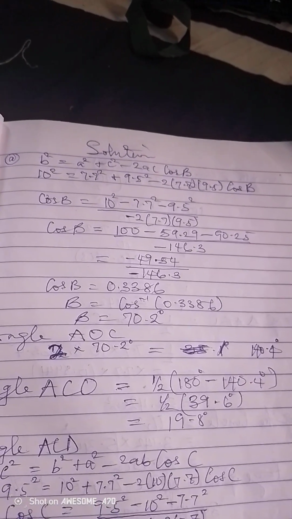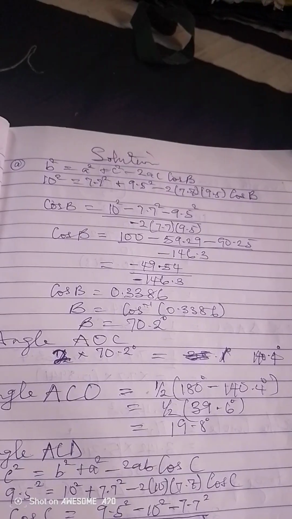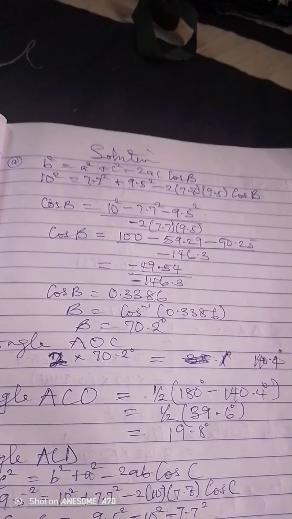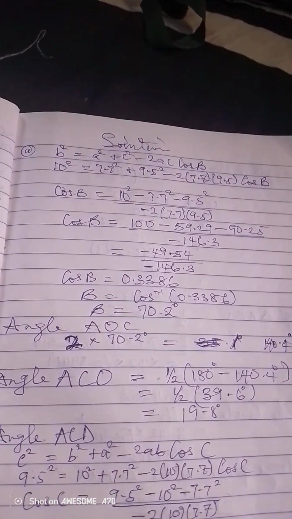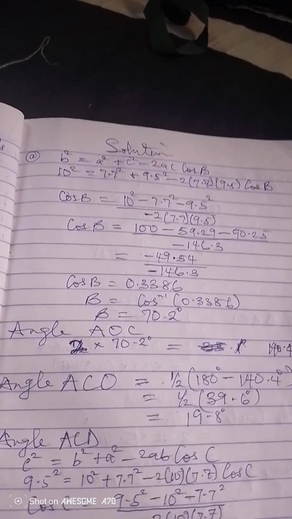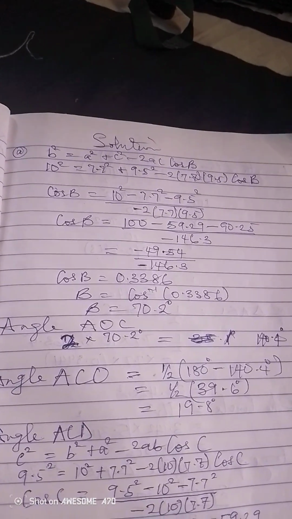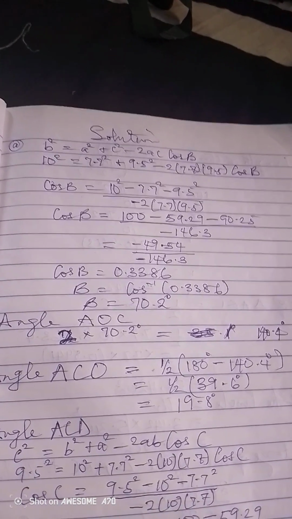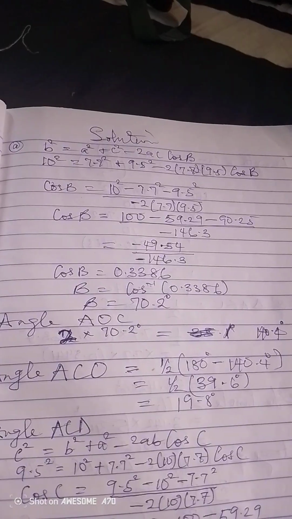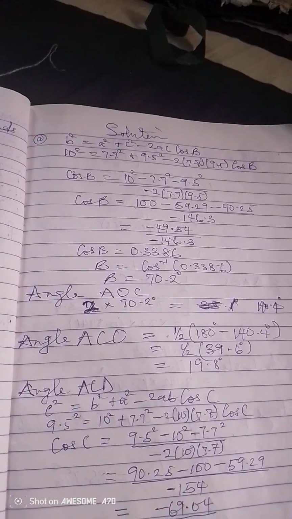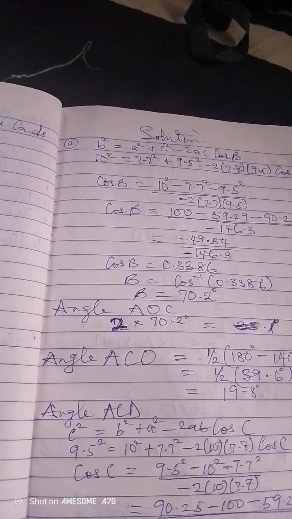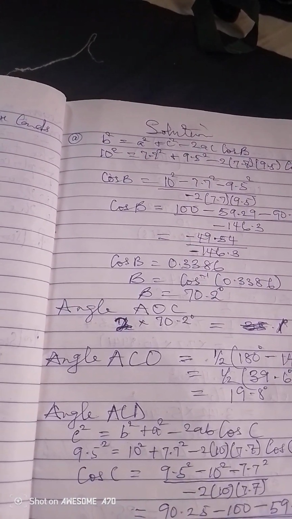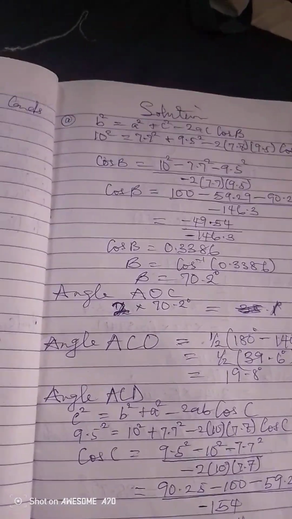So cos B is 49.54 divided by 146.3, because the signs cancel out. So cos B equals 0.3386. To find angle B, we take the arc cos, or cos inverse, of 0.3386. Therefore B is 70.2 degrees. That shows we are able to prove that angle ABC is equal to 70.2 degrees.